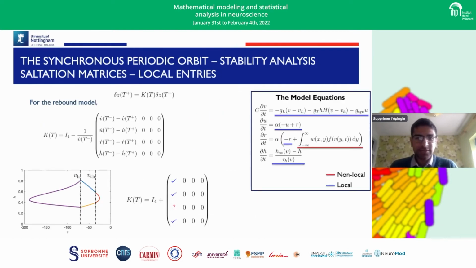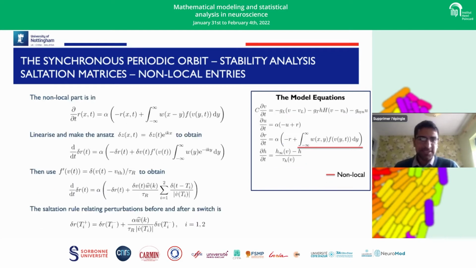Okay, so in this way, we can do about four-fifths of the work and take care of all the local terms in the model, which are underlined in blue here. There is one term, though, which arises from the non-locality of the model, which we need to take care of in a different way.